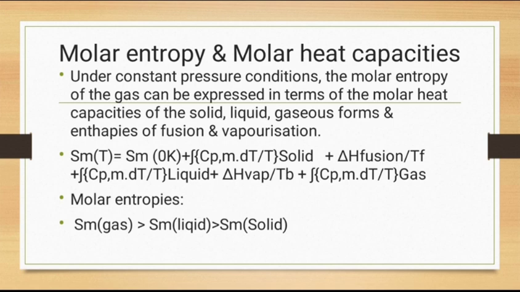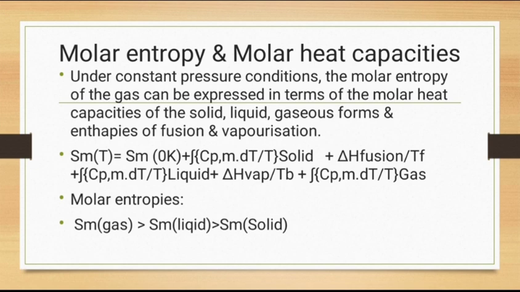Delta H represents the enthalpy change for the fusion process, and Tf is the temperature of fusion. Solid will get fused. After that, plus the integration of Cpm dT upon T for the liquid, molar heat capacity for the liquid, plus delta H of vaporization divided by Tb.